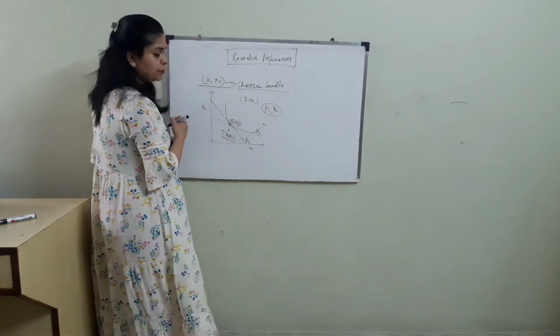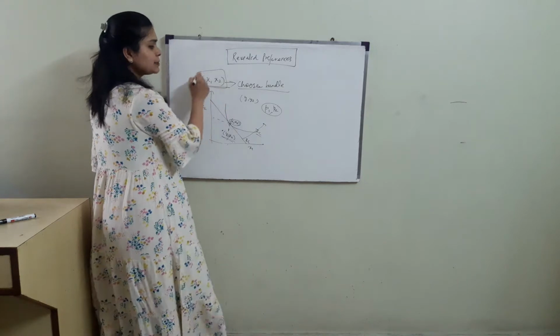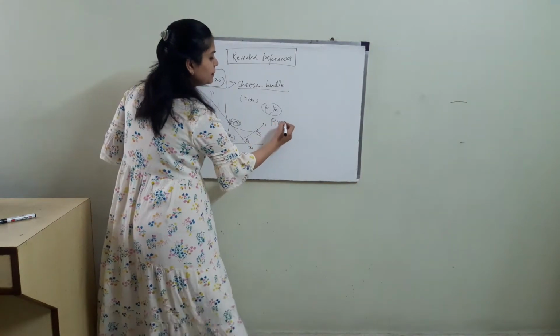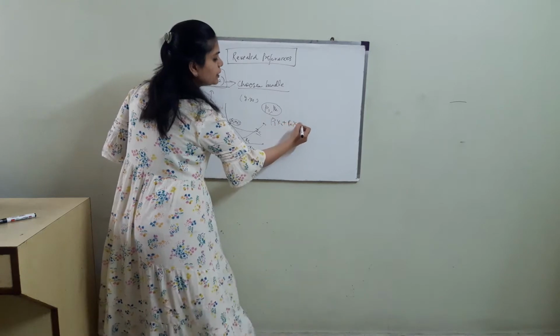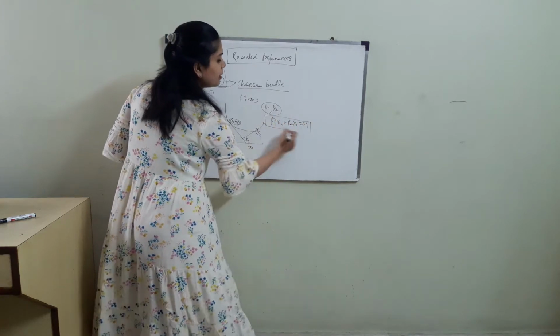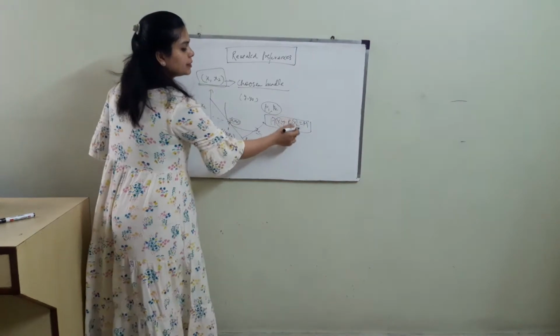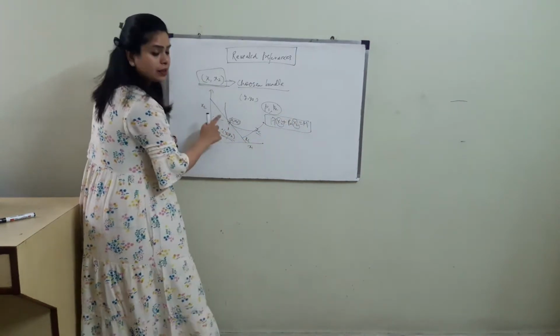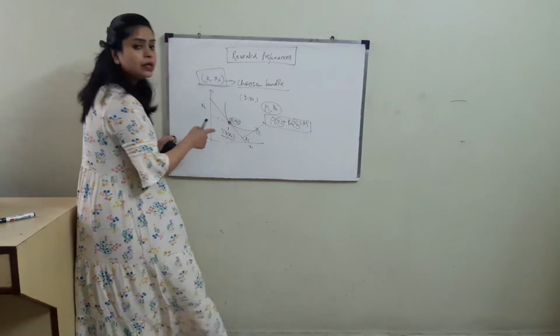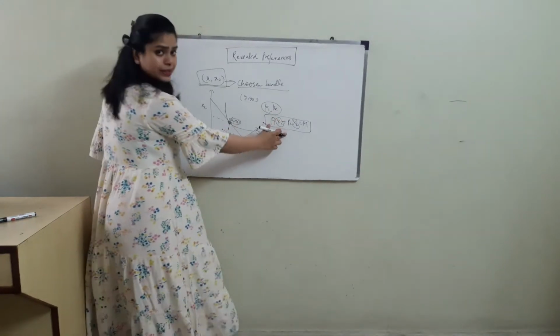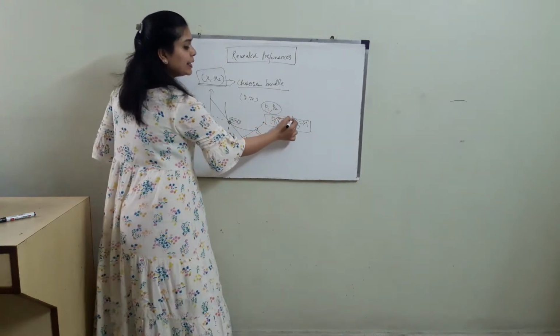At prices P1, P2, when I am buying this bundle, what is the expenditure? P1 x1 plus P2 x2 equals M, because M is the income and the expenditure is exactly equal to the income, because it is lying on the budget line. So your income is exactly equal to the expenditure at the bundle x1, x2.